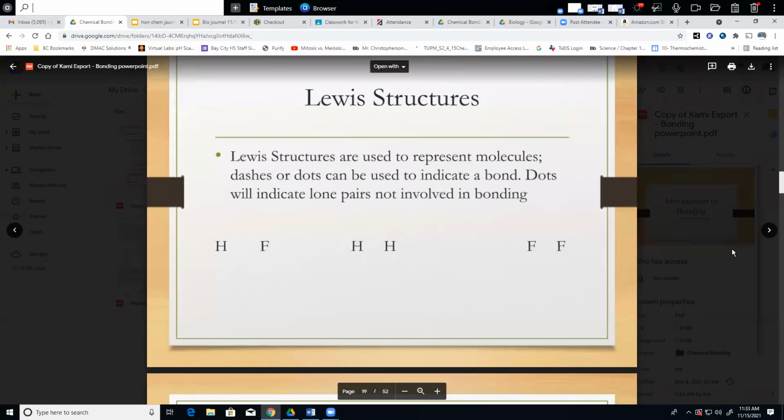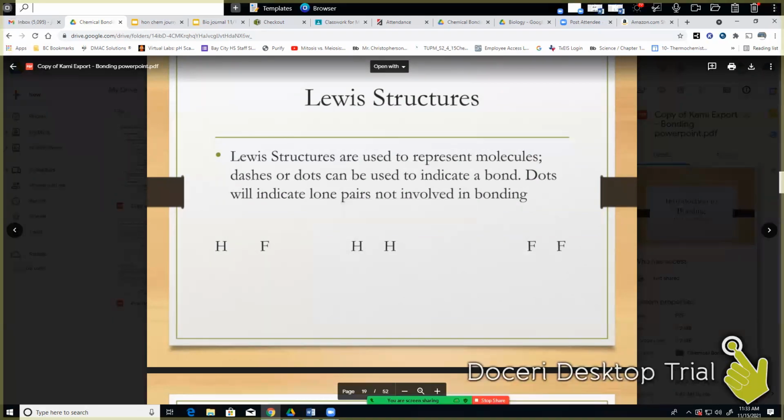I personally think ionic compounds are a lot easier. All right, so Lewis structures are used to represent molecules. Dashes or dots can be used to indicate a bond. And then dots will indicate lone pairs not involved in bonding. So if I have HF, it's going to have a bond in between here. So I'm going to represent that with 2 electrons. And then fluorine still has 3 lone pairs that just go around it.